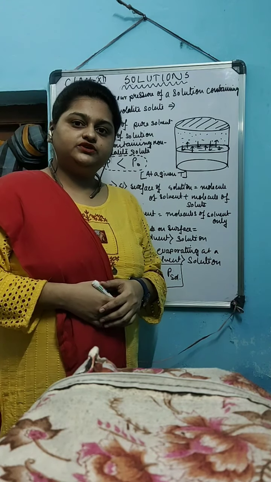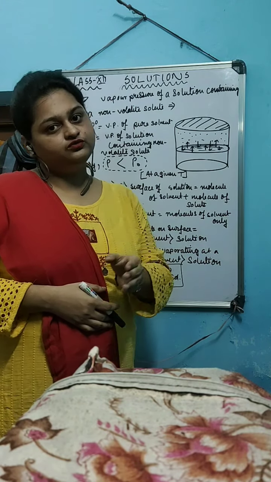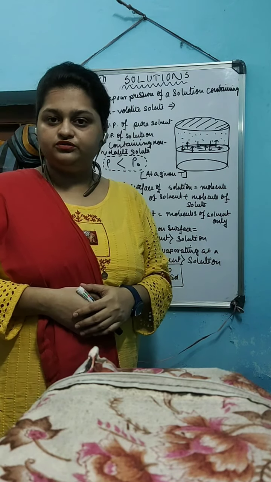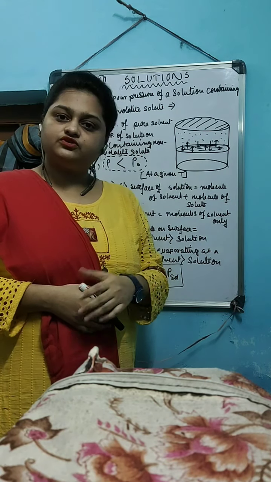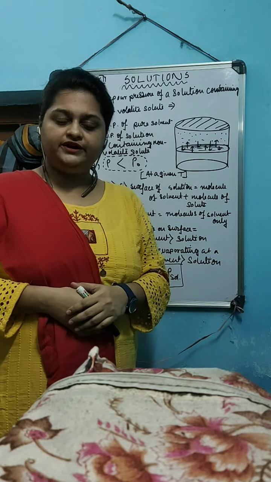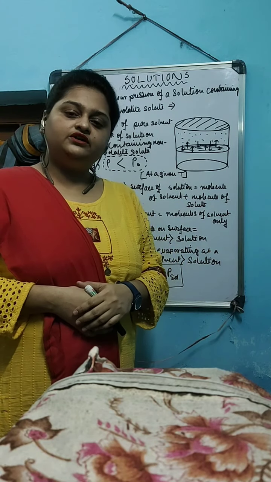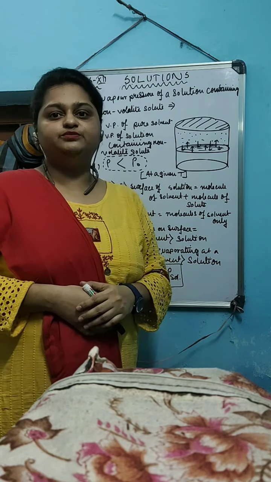On the surface of the solution, there are solvent molecules along with the solute molecules also. But in case of pure solvent, on the surface only the solvent molecules are present.